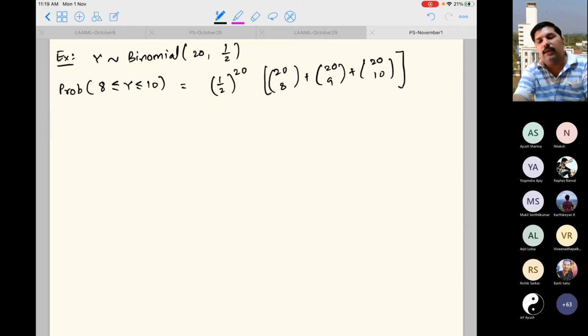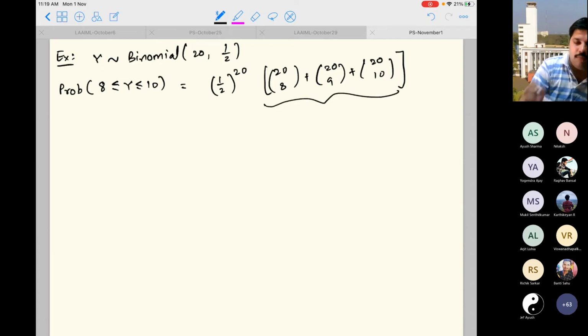This is the probability, right? Absolutely right. So this is the probability that you will have to calculate. What is the most difficult part? The most difficult part is to work with this sum of binomial coefficients, and then you have 1 by 2 to the power 20.